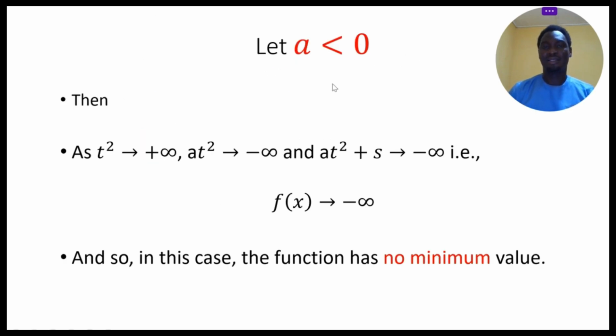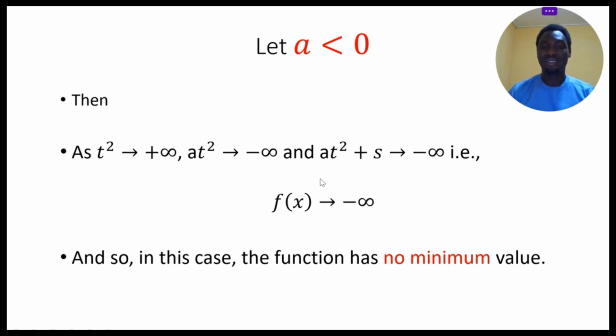Now, on the other hand, if a is negative, then as t approaches positive infinity, at squared will approach negative infinity. Note that at squared in this case will be a negative multiple of t squared, and so we'll change the direction when multiplied by t squared. And as at squared approaches negative infinity, at squared plus s will approach negative infinity.